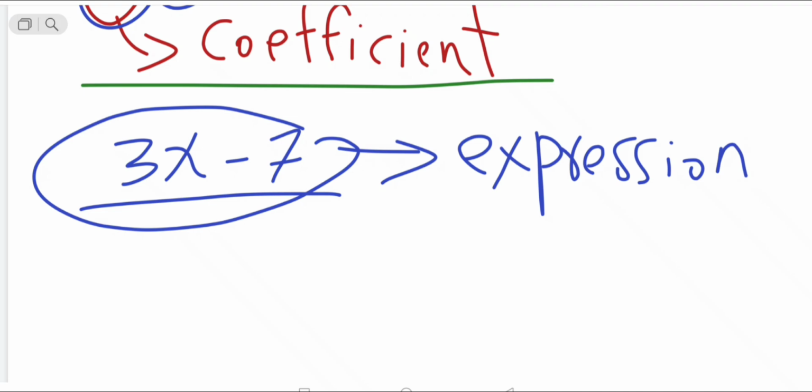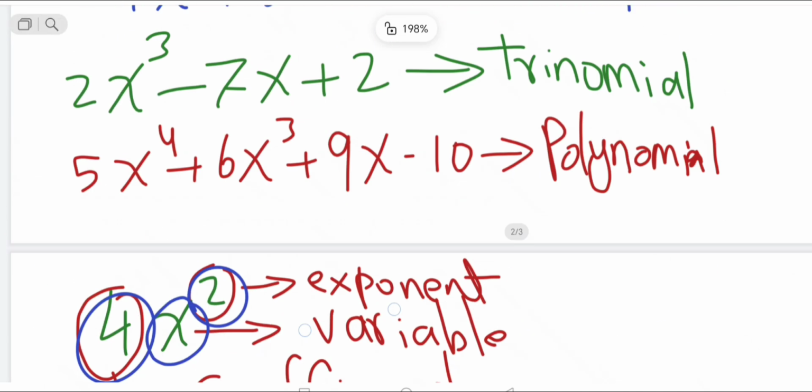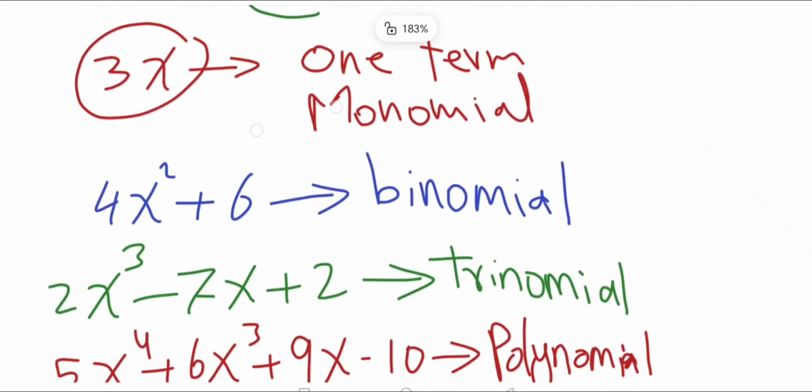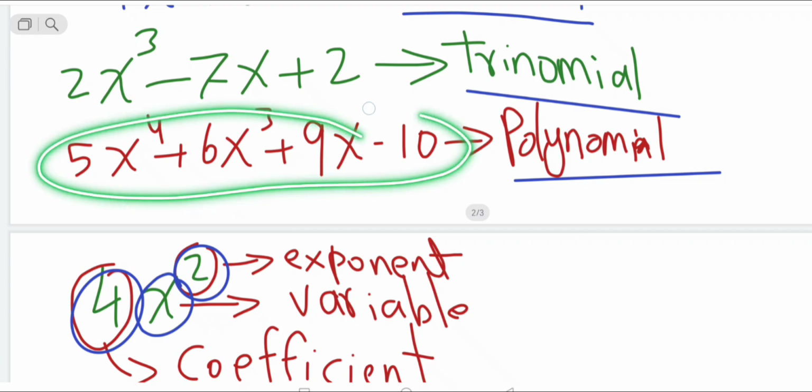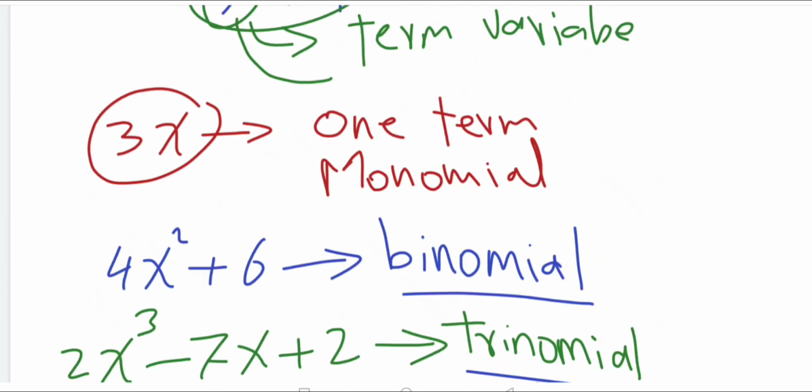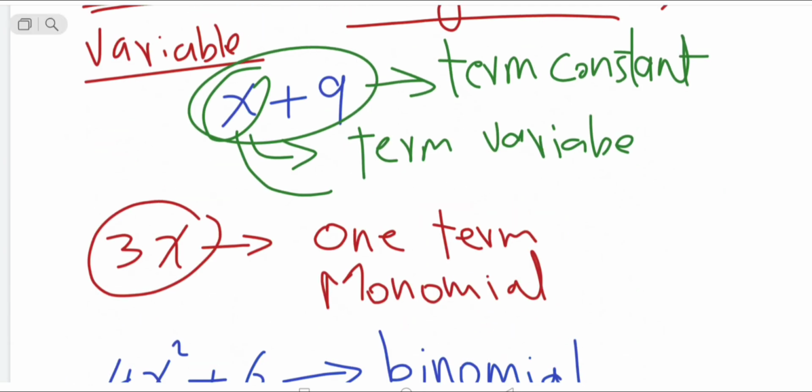So if any expression has one term, we say it is monomial. If it has two terms, binomial. If it has three terms, trinomial. So if some numbers are connected with each other with plus or minus sign, that is an expression. These are the types of expression. Let me write for you the types of expression.